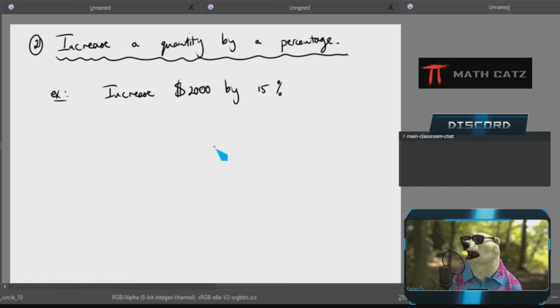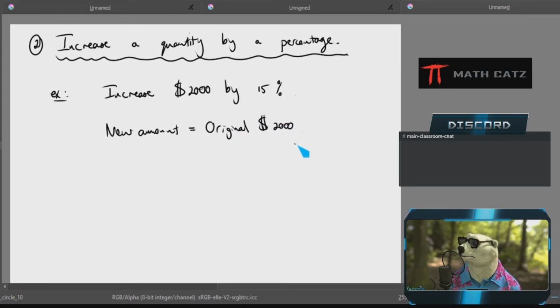Now, what is really happening here? When I break it down to a level that I have seen before, I have my new amount calculated as my original $2,000 plus, in brackets, 15% of $2,000.